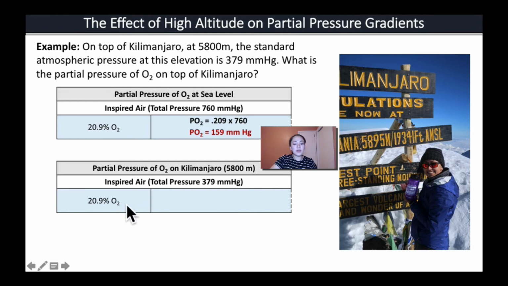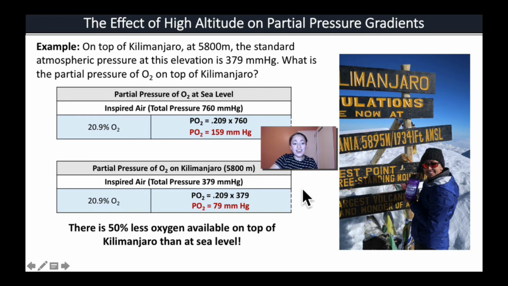However, let's do the same thing for the top of Kilimanjaro up here. So we take 0.209, but now the total pressure is only 379. So 20.9% of 379 would be 79 millimeters of mercury. What this means is that there's about 50% less oxygen available on top of Kilimanjaro than at sea level.